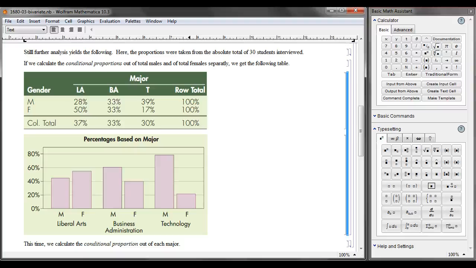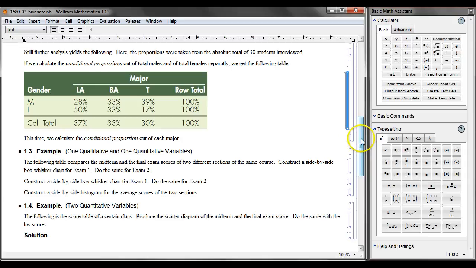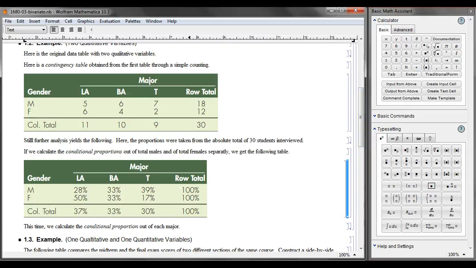Percentage of major given the condition of gender or something like that. My English is not my first language, so I sometimes struggle in creating those kind of phrases. Anyway, this is another contingency table that reveals another side of this same sample statistics.